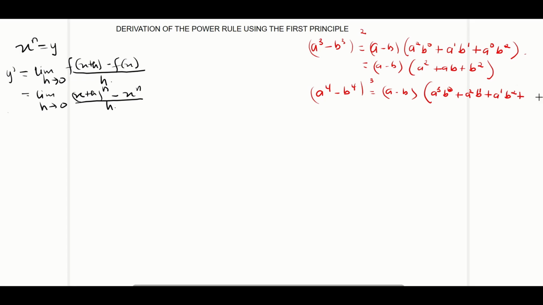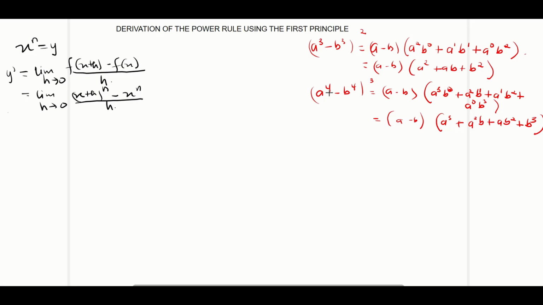Then a gets to its least, 0, while b gets to its highest, which is 3. So we get a minus b times (a to the power 3, plus a squared b, plus a b squared, plus b to the power 3). This is the simplification.